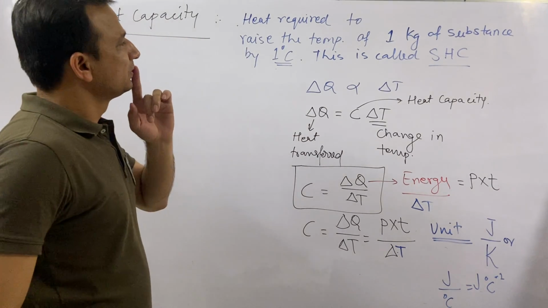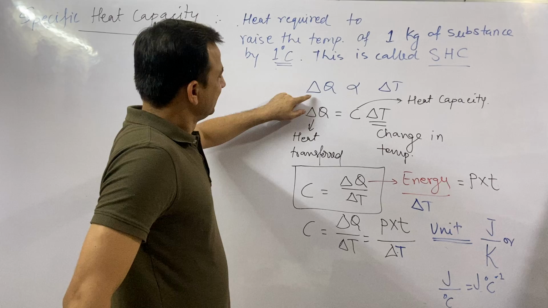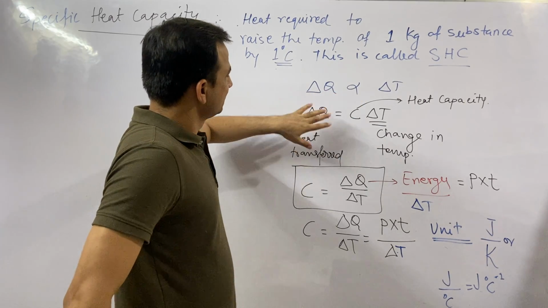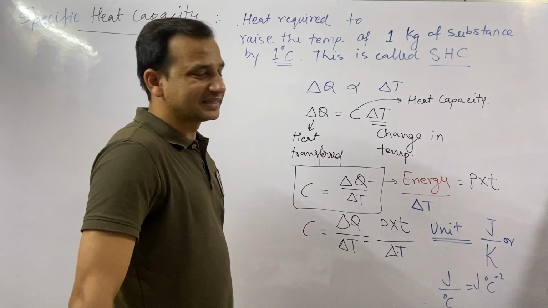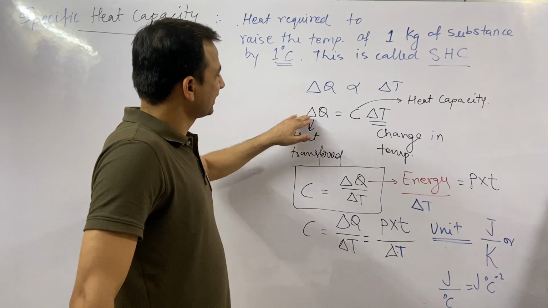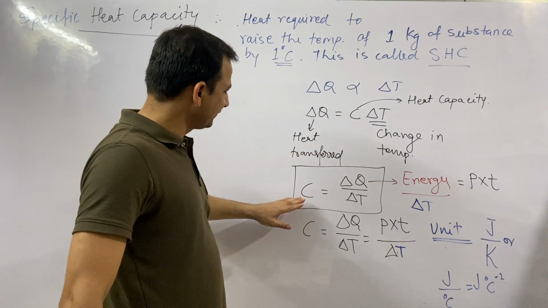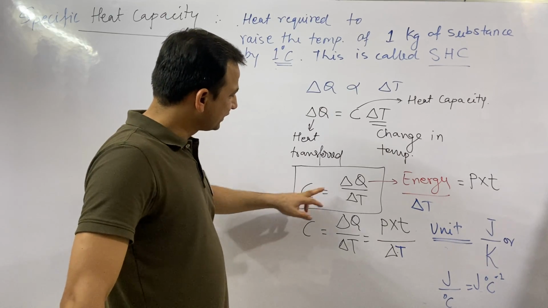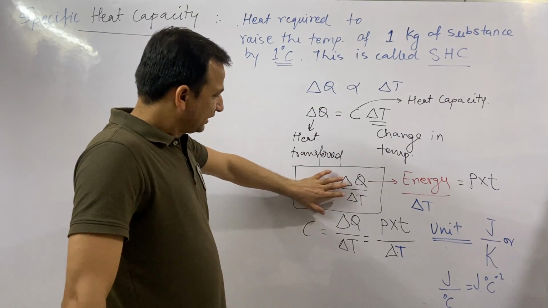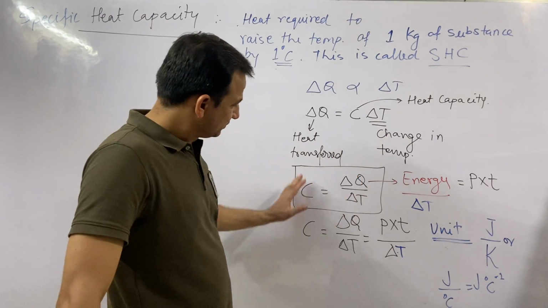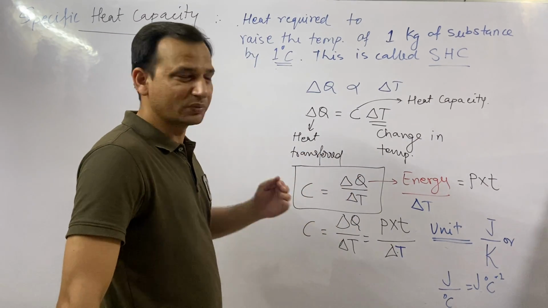So now here delta Q is proportional to delta T. So delta Q is equal to C delta T, and finally we got C is equal to delta Q by delta T. Here there is no mention of mass in this formula, but now we want to mention it.